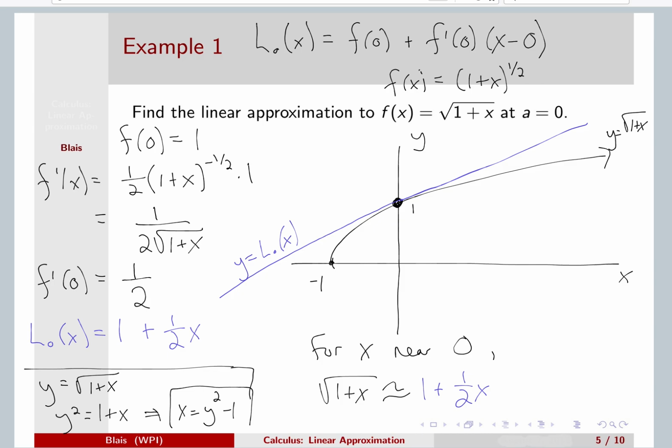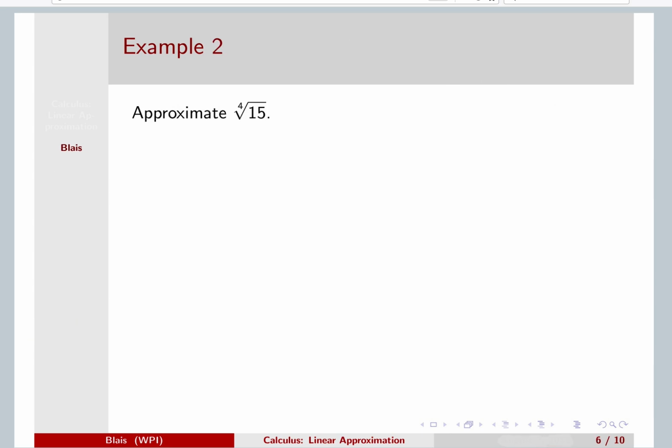Sometimes you'll find yourself asked questions that don't necessarily specify that you should use the linear approximation. This next example is a case like that. We're just asked to approximate the 4th root of 15. So let's think about this.